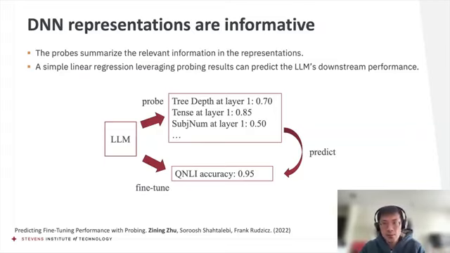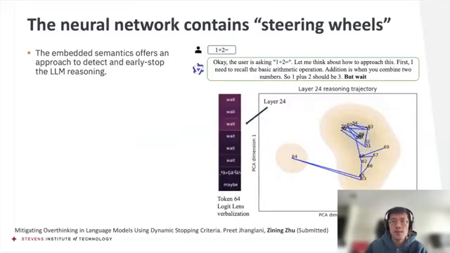So if the representation is informative, probably it can tell us something about the reasoning behavior and perhaps when to stop the reasoning. So this is another recent work. We put the representations onto a two-dimensional space, and we look at where the representations demonstrate some anomalies.